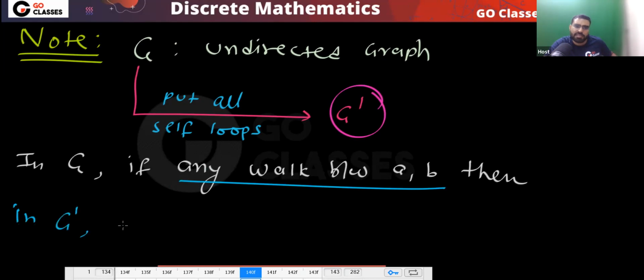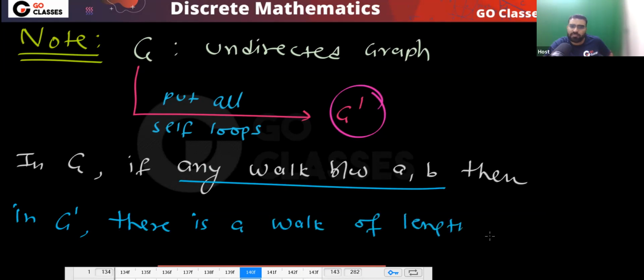Then in G dash, there is a walk of length exactly n minus 1.